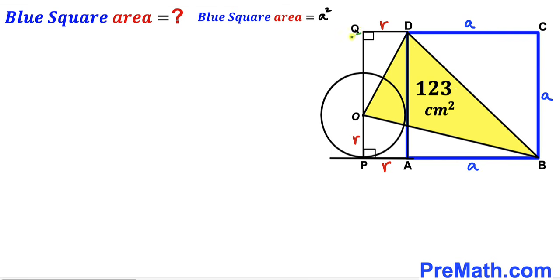Furthermore, we know this whole PQ length is lowercase a, and we know this OP length is lowercase r radius. So therefore, this remaining segment OQ length is going to be lowercase a minus r. And finally, we can see this whole PB length is going to be lowercase r plus a, so therefore I can write a plus lowercase r.